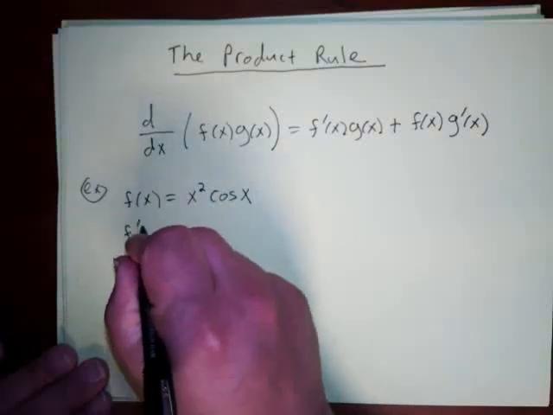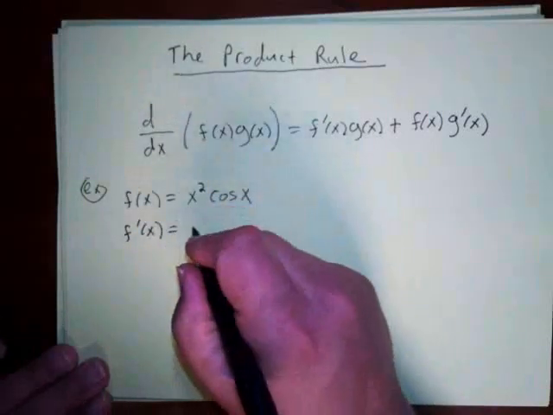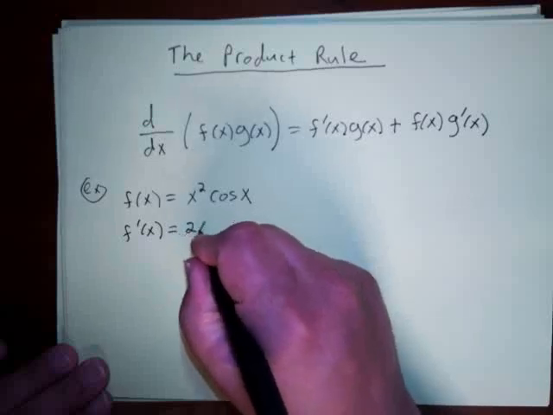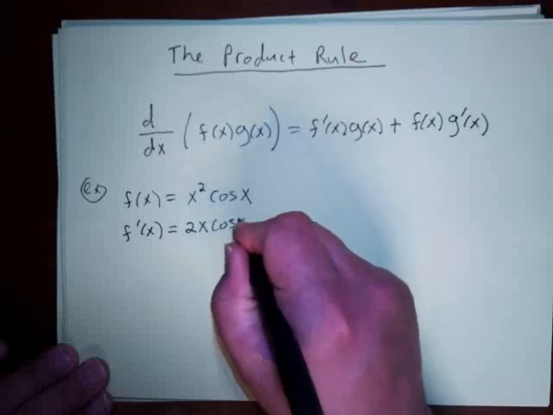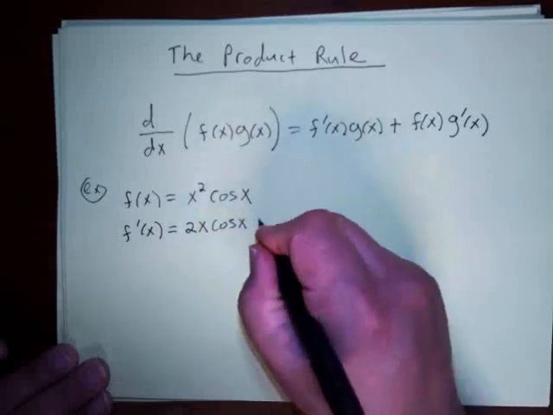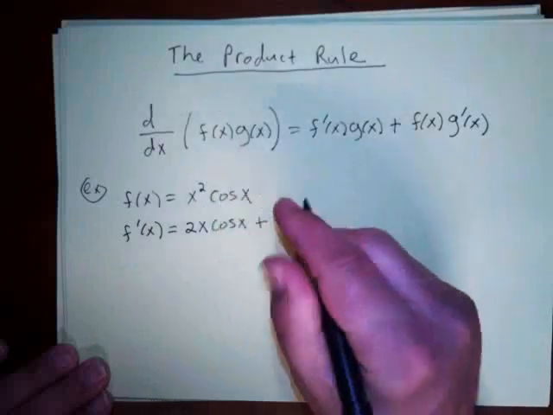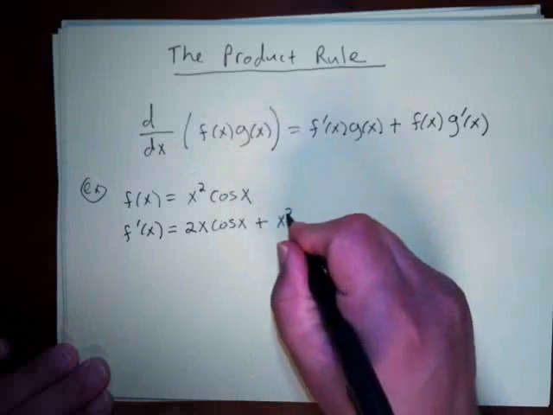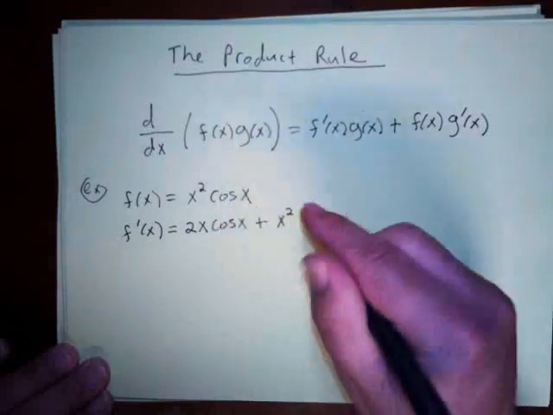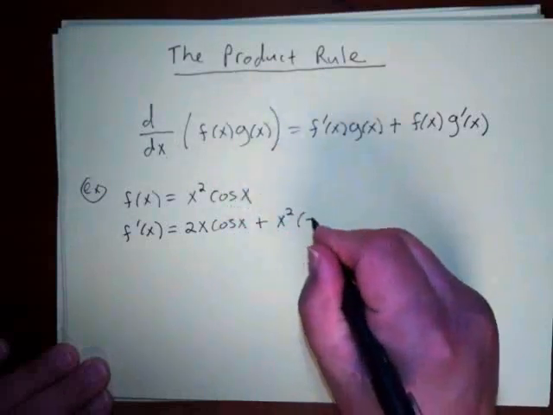So if I want to take the derivative, then I need to take the derivative of the first function, x squared, so that'd be 2x, multiply it by the second function, cosine x, and then I need to take the first function, which is x squared, multiply it by the derivative of the second function.